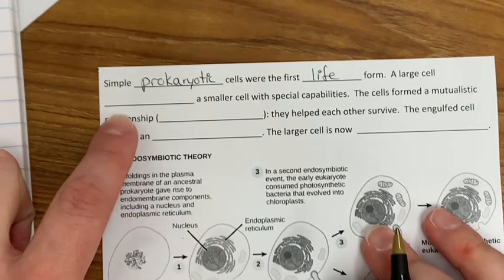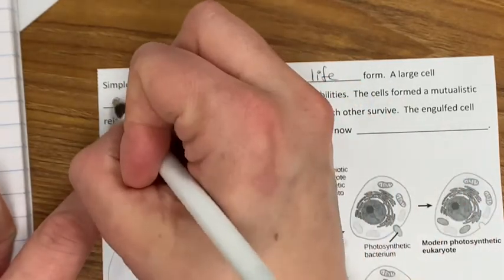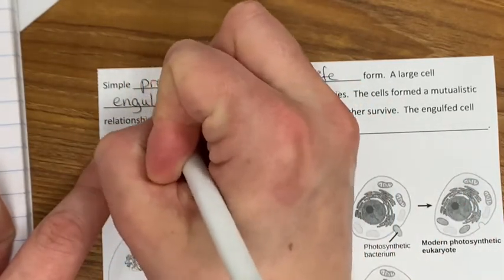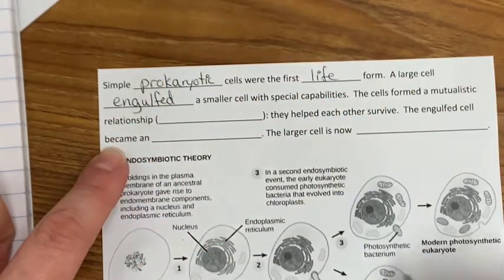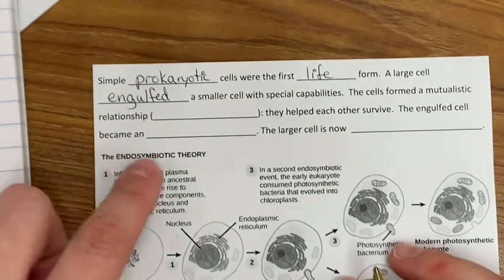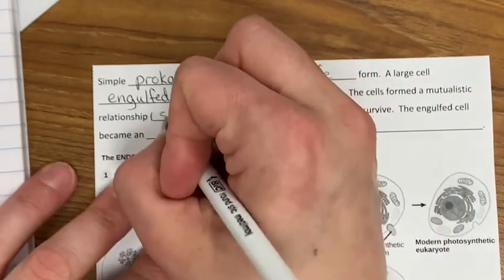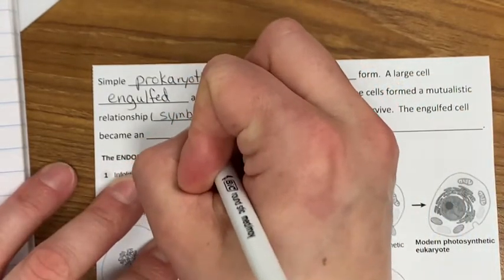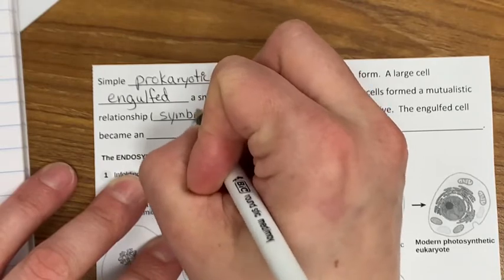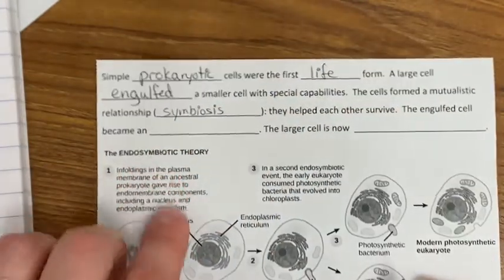Okay? A large cell engulfed a smaller cell with special capabilities. This formed a mutualistic relationship, all right? Symbiosis. This is where the name comes from, the endosymbiotic theory.